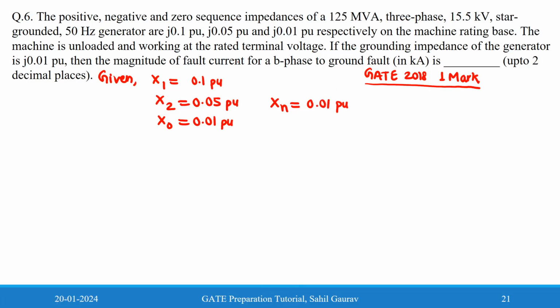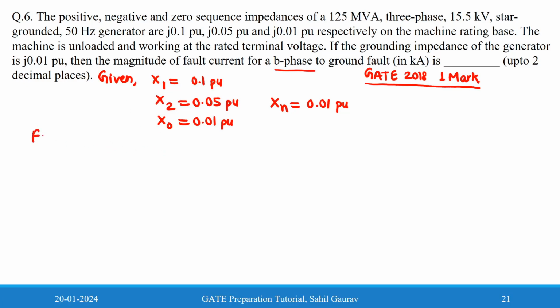The magnitude of fault current is asked for phase B to ground. Many students may get confused because it is phase B, so we do the analysis in phase A. Will it differ for phase B? The answer is no. It is similar for all phases, so whatever the LG fault, the fault current will be similar.